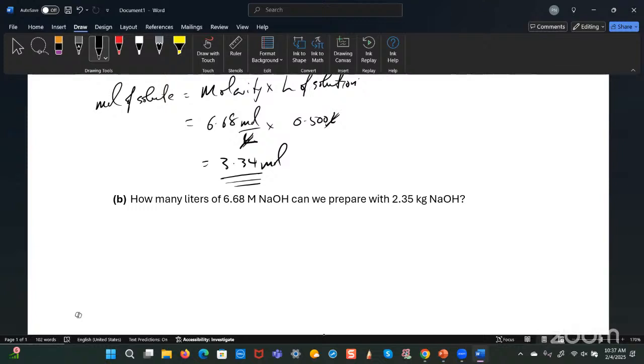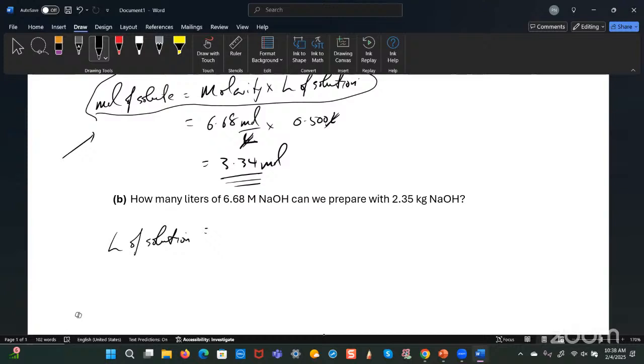So they gave you the mass of sodium hydroxide, they gave you the molarity, and the question is asking for the liters. So how do you get the liters? We can go to this way of expressing that relationship, right? So to get the liters of solution, what would that be equal to? Look at this equation right here.